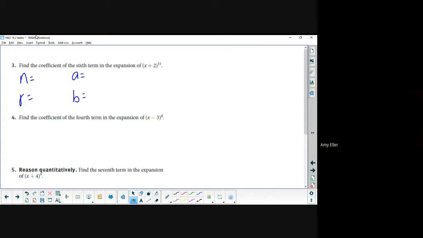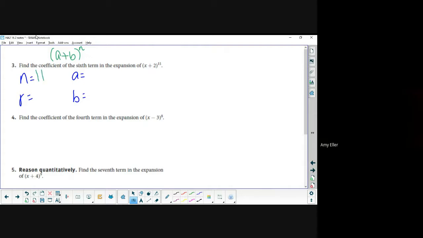It comes from this. So N, what do you guys put for N? Yell it out. 11. Your exponent is N. 11.